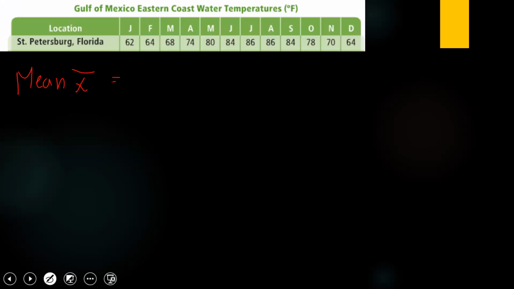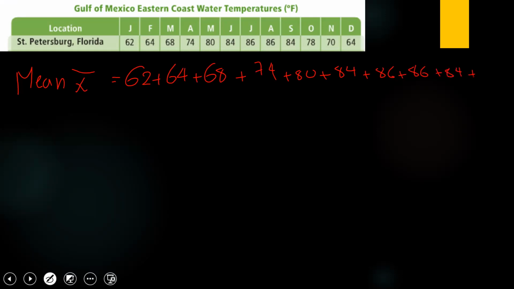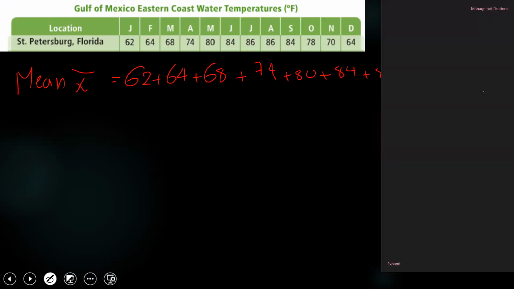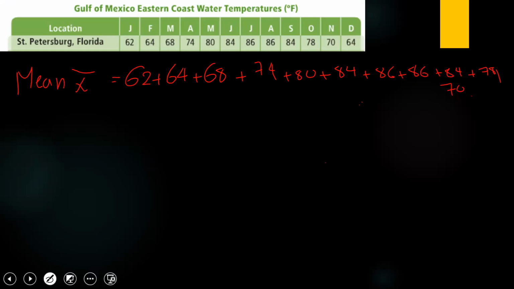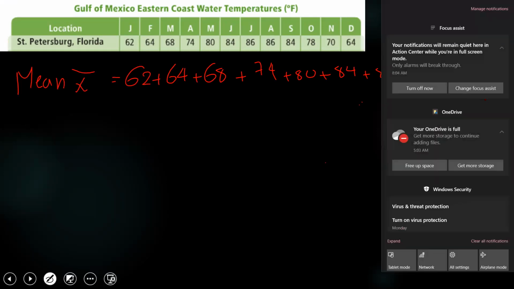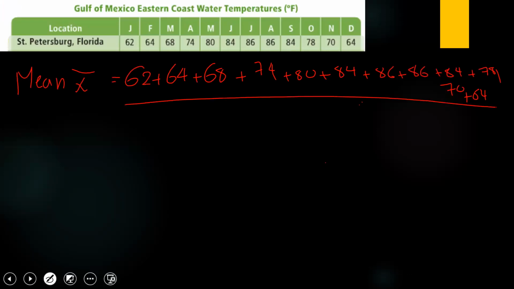Here, what we have to do, we have to add the temperatures for all the months over 12. So we have 62 plus 64 plus 68 plus 74 plus 80 plus 84 plus 86 plus 86 plus 84 plus 78 plus 70 plus 64 over 12.